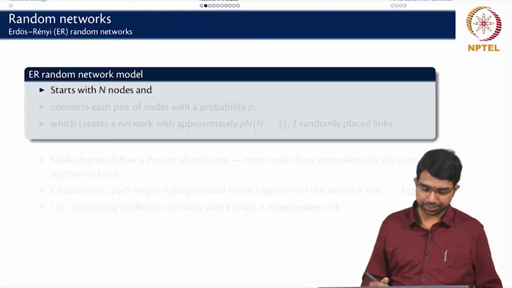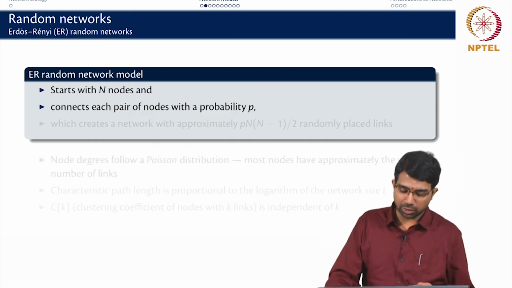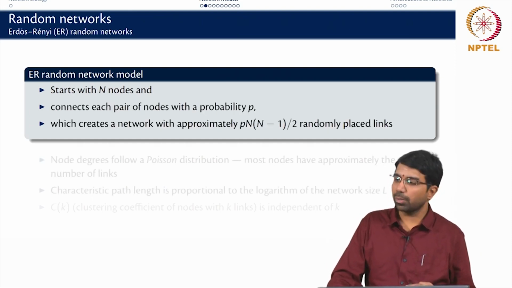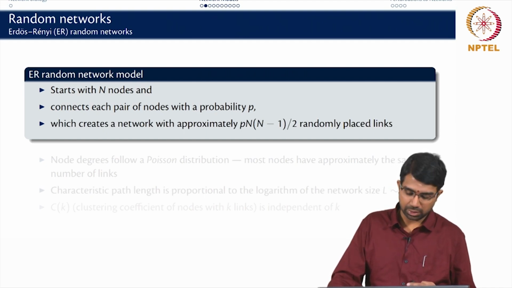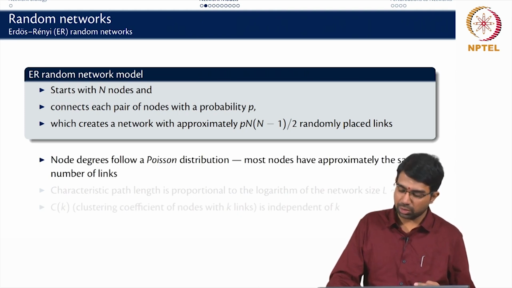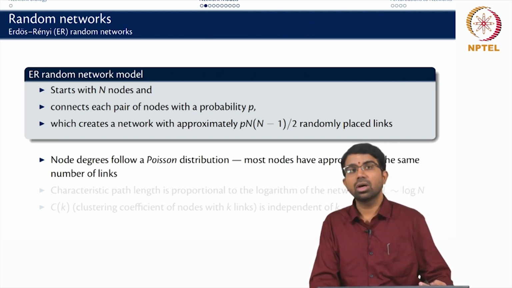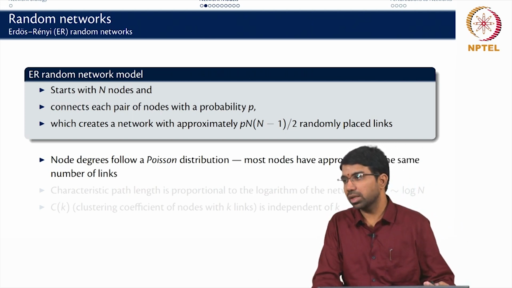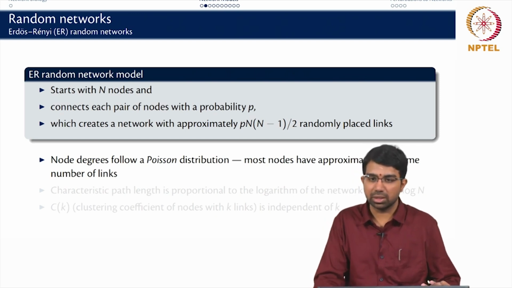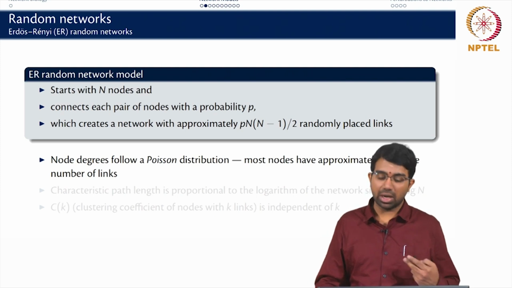Erdős-Renyi random networks: you start with n nodes and connect each pair of nodes with the probability p, which will give you approximately p times n choose 2 randomly placed edges. So, the node degree follows a Poisson distribution, and most nodes have approximately the same number of links. You also have to figure out what the characteristic path length looks like, what the average degree looks like, what the diameter of the network is, and so on.